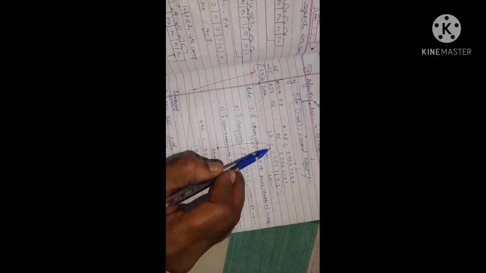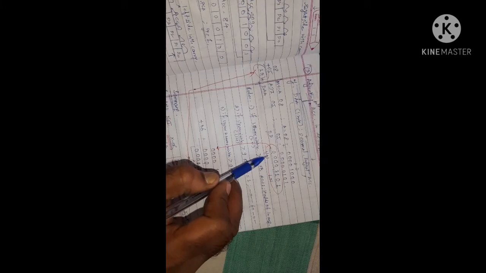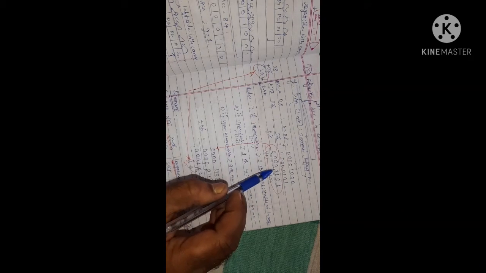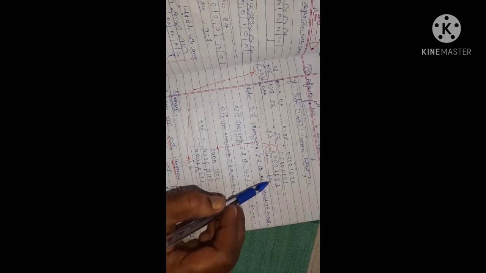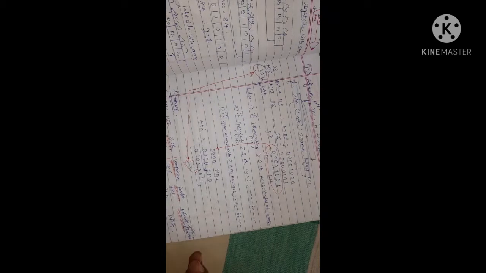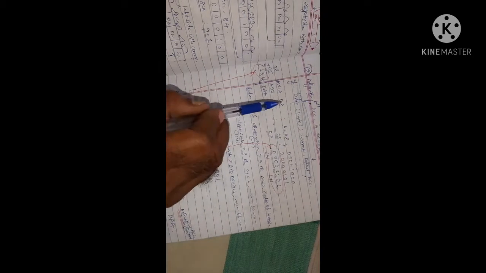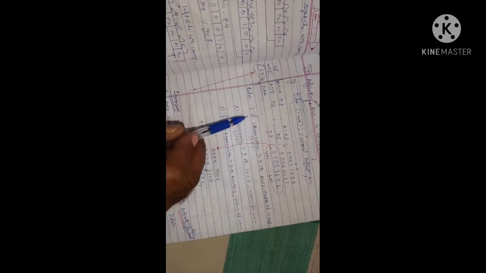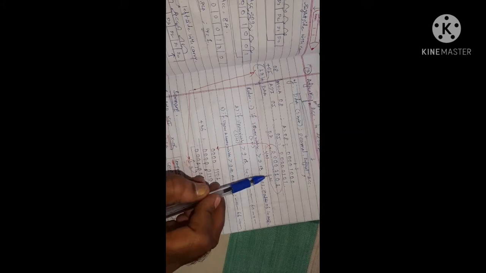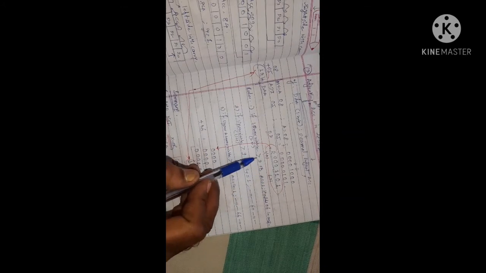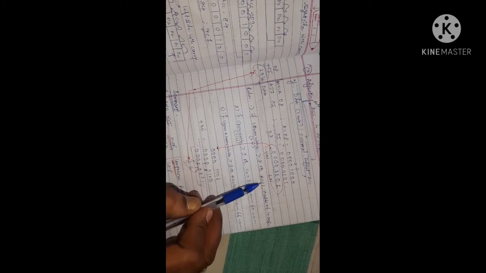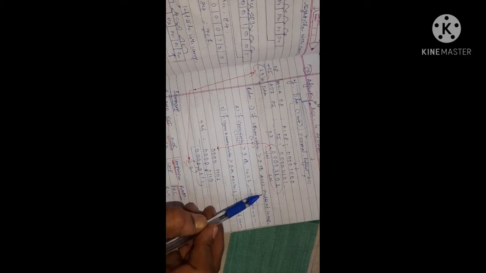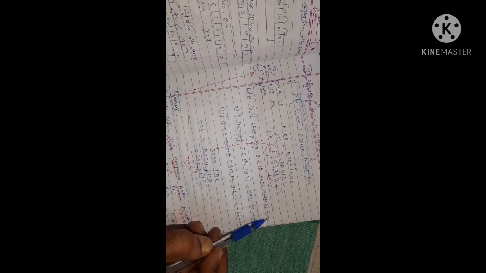This group of 4 digits is named the upper nibble. A nibble is a group of 4 digits, and this 1101 is the lower nibble, another group of 4 digits. Now the rules under this decimal adjust accumulator DAA instruction are: if the lower nibble is greater than 9 or auxiliary carry is equal to 1, the microprocessor internally adds 06 to the answer.